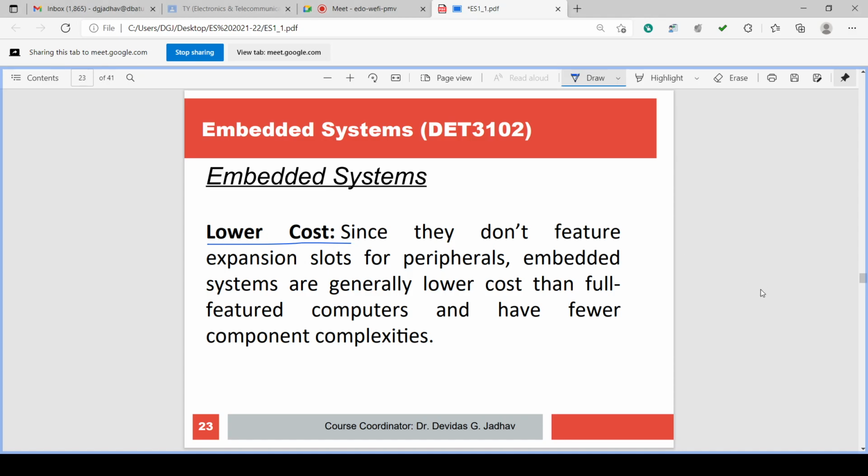Embedded systems characteristic is lower cost. Since they don't feature expansion slots for peripherals, embedded systems are generally lower cost than full featured computers and have fewer component complexities.